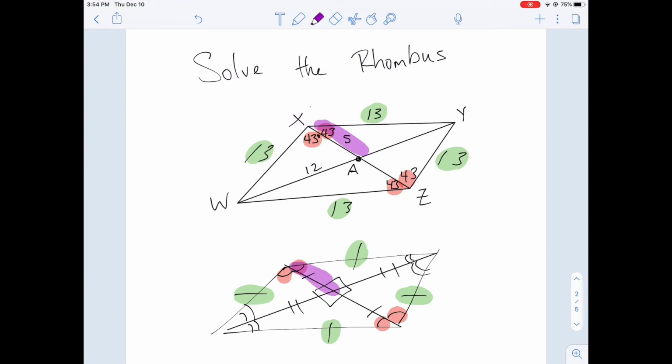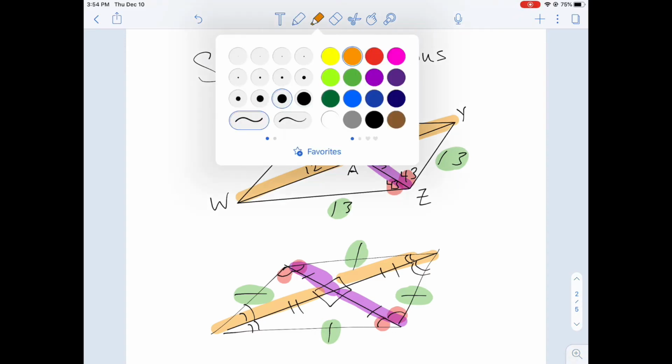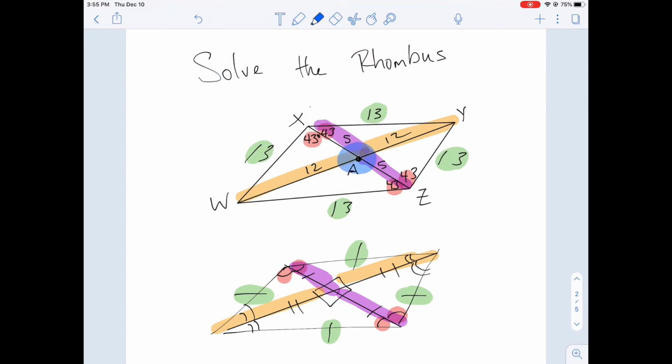Well, this is 5, but it has the same marks as this, so this also has to be 5. This is 12, which is this spot right here, but that has the same marks as this. So this is going to be 12. And then, of course, we know all of the angles here. That would be all of these here are going to be 90, 90, 90, 90.